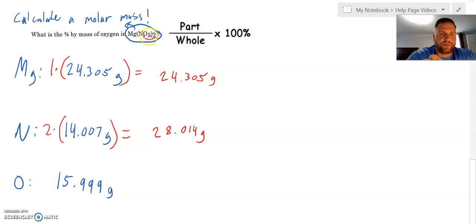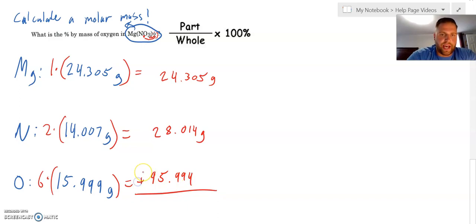All right, last but not least, let's figure out how many oxygens there are. So oxygen has a subscript of 3, but again, with 2 nitrate groups, I have to multiply the 2 by the 3. That means that there are really 6 oxygens present. So let's multiply 6 by 15.999. And what that gives us is 95.994.